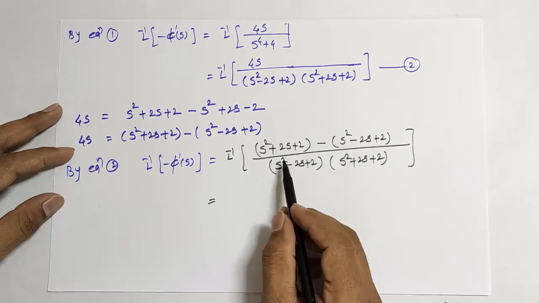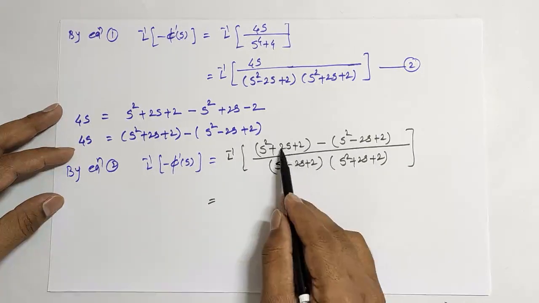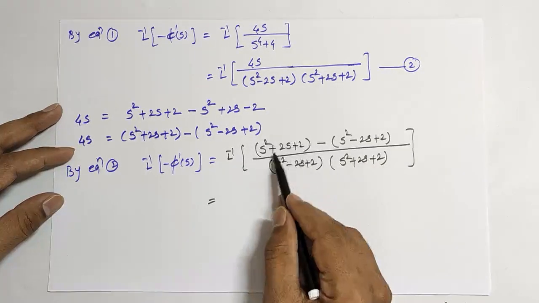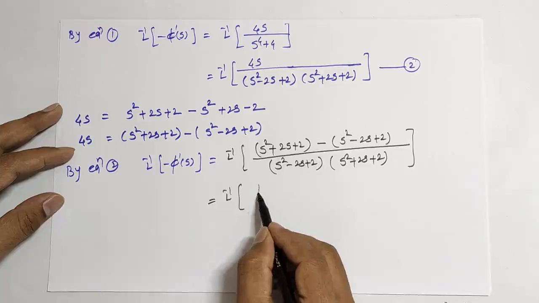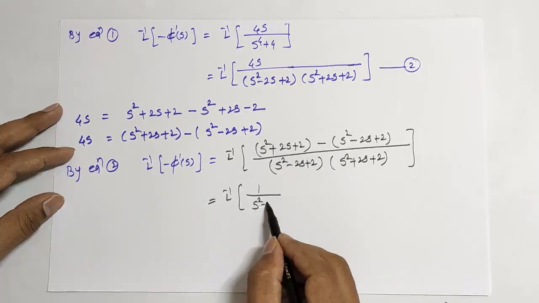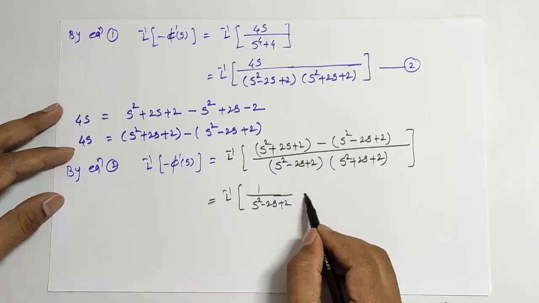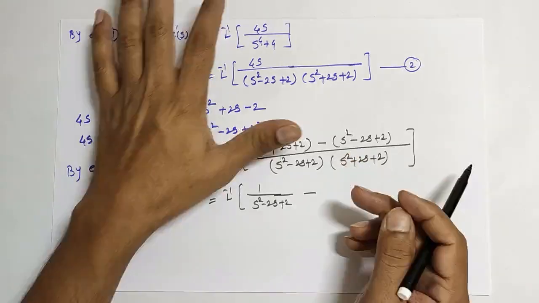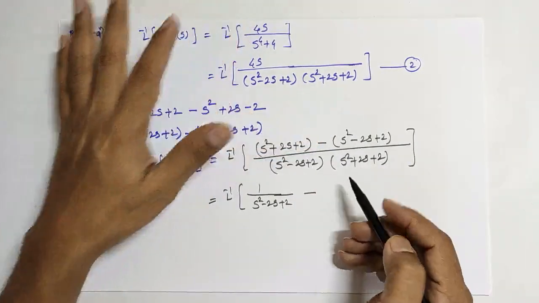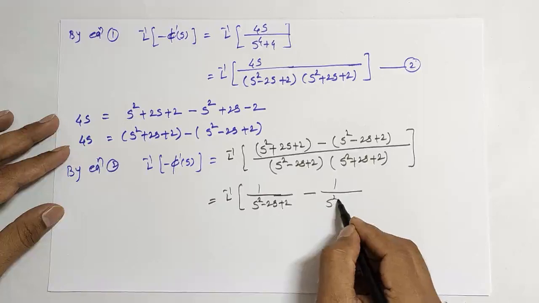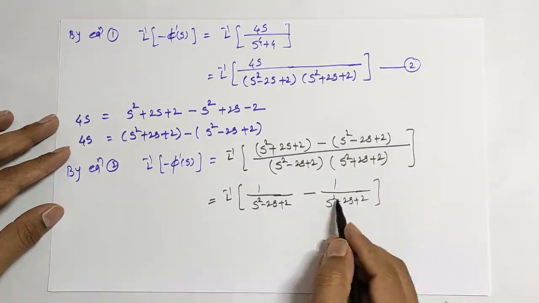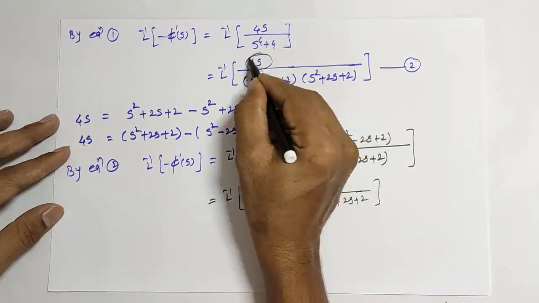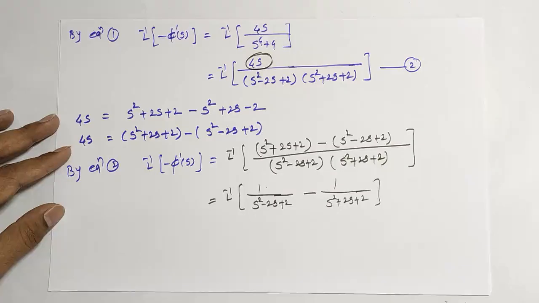Now we will divide it separately. देखो ये जो फर्स्ट टर्म है, ये जो फैक्टर है डिवाइडेड बाय ये दोनों फैक्टर, तो ये यहां से कैंसिल हो जाएगा, राइट? So you will get 1 in the numerator and s square minus 2s plus 2 in the denominator, minus, इसको इसके साथ कैंसिल करो, सेपरेट डिवाइड करेंगे तो ये यहाँ पे कैंसिल होगा. So 1 upon s square plus 2s plus 2. मतलब अगर हम इसका LCM लेंगे, LCM क्रॉस मल्टीप्लाई करेंगे तो हमें 4s मिल जाता है, राइट? 4s. This is just the adjustment.